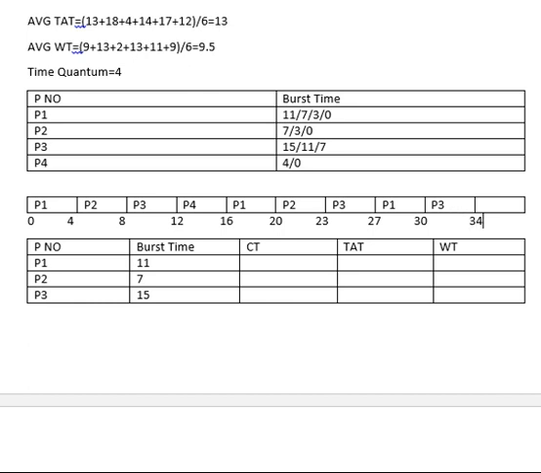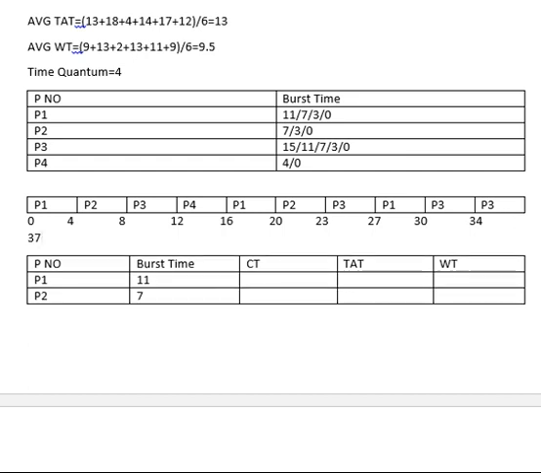So it will be 34, so still pending will be 3, and finally you will be allocating those 3 again for P3 only, so 34 plus 3 will be 37, right?